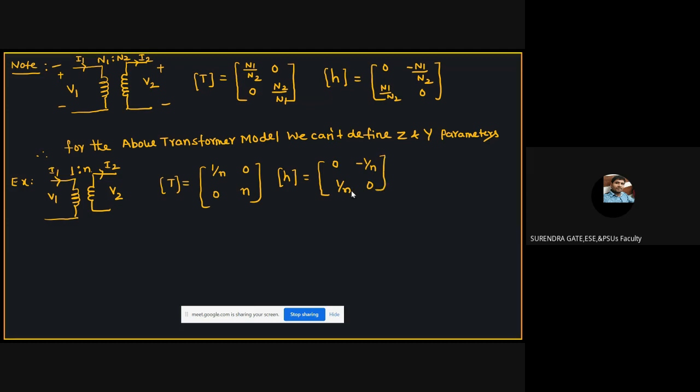This is the calculation of H parameters. Yes, friends, please concentrate. Minus 1 by N, 1 by N, 0.